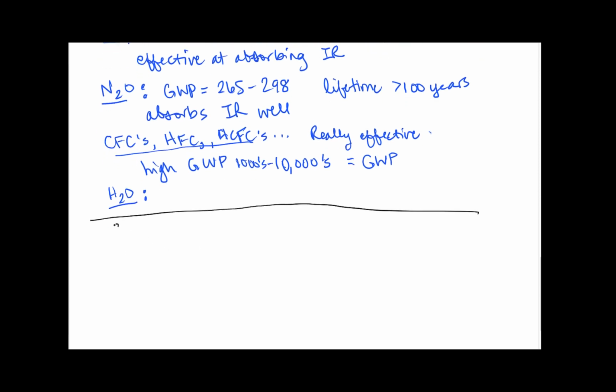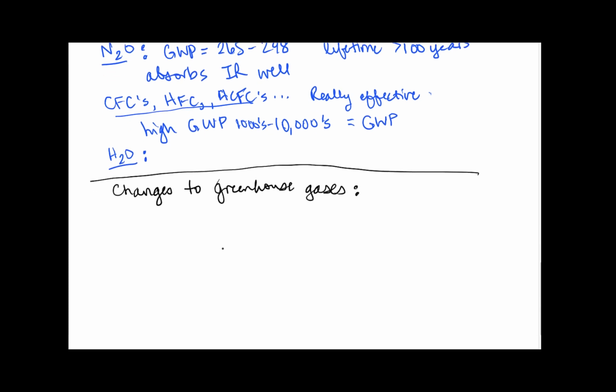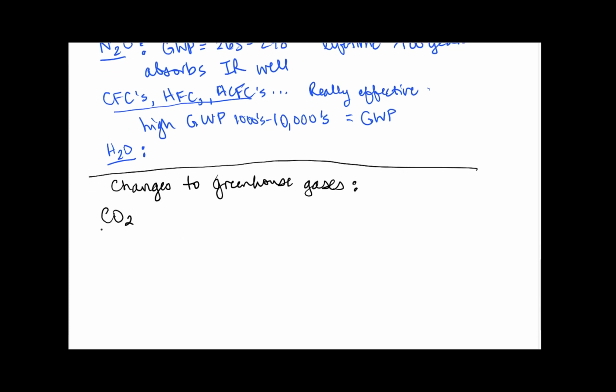So, changes to greenhouse gas concentrations. Carbon dioxide, of course, is the most popular one that we tend to talk about. And this is coming from burning things, right? You probably have studied the carbon cycle before.